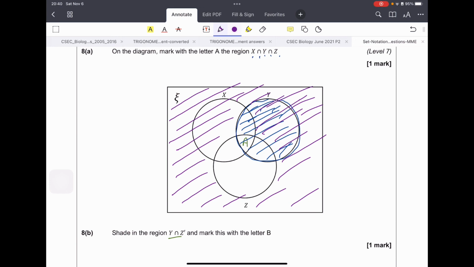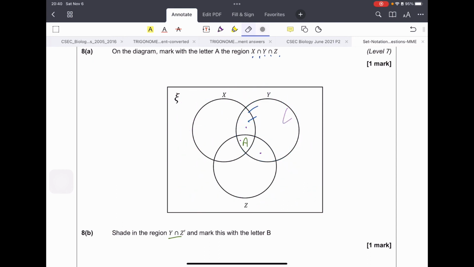So everything here, but not here, and not here, and not by the A as well, right? So let's erase. Right, so this portion here is Y intersect Z prime, okay? And they said with a B, so we'll put a big B over here in this region.